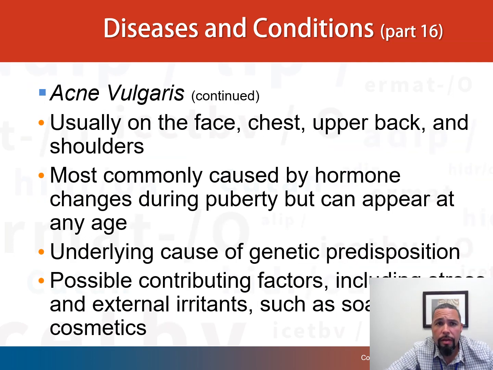Like we just discussed, it's usually found on the face, the chest, the upper back, and the shoulders. It is most commonly caused by hormone changes during puberty, but can appear at any age. Some kids are born with it, and some adults develop it at 40. I sure hope that at this age I do not develop this.